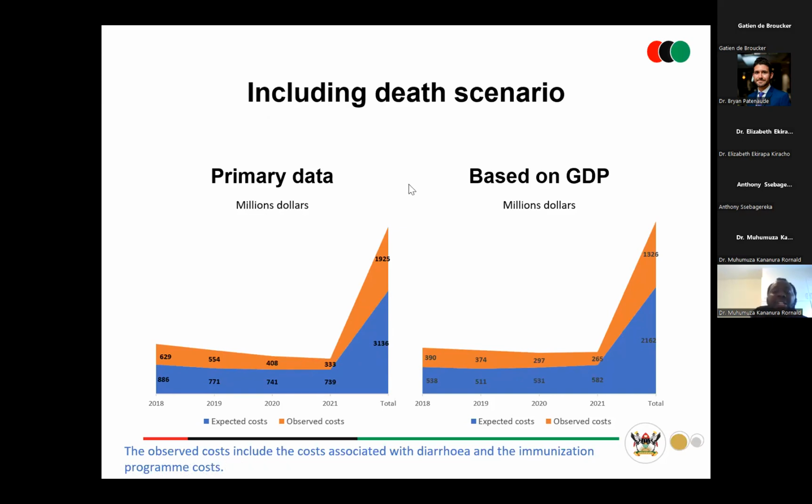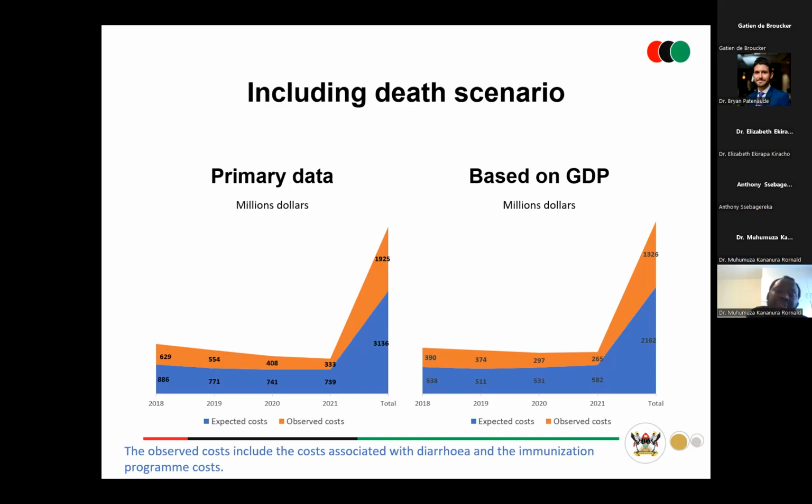So in terms of scenario 2, it's this bar here, where we are including death. We expected to spend $3,136 million, but what we observe, we actually spent $1,926 million.